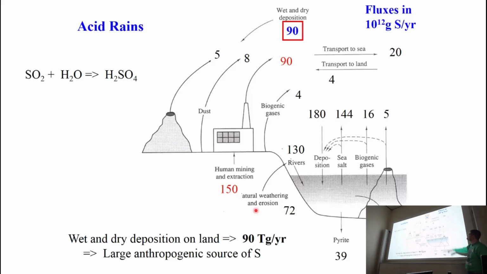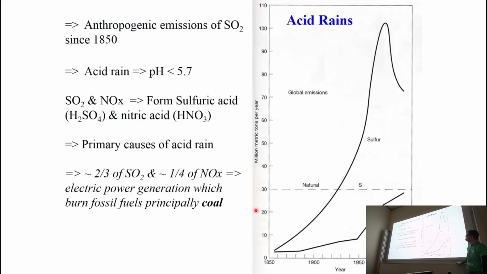So we're putting stuff into the atmosphere. It's going up there and it's coming down forming acid rain. Looking through time, we've increased our emissions of sulfur into the atmosphere. Most of this is through fossil fuel burning, and that's also adding nitrous oxides.